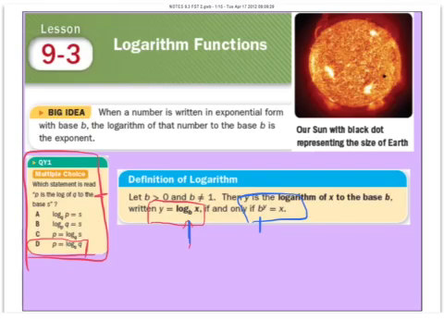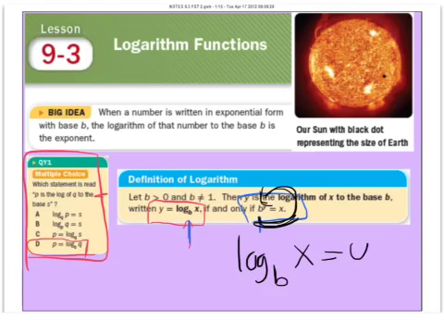I kind of do a swirl. So I start at base b and I swirl around to the problem. So of the exponent, it's base b. Therefore, I could rewrite this and say log base b. The next variable that comes up is x, so that's what goes here. And then it has to equal this y over here. And in doing so, if I take the exponent and swirl around and rewrite it, I can get the logarithm.